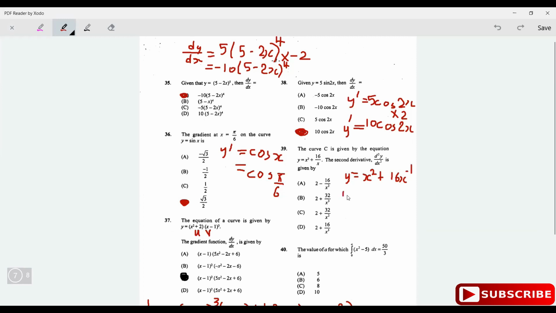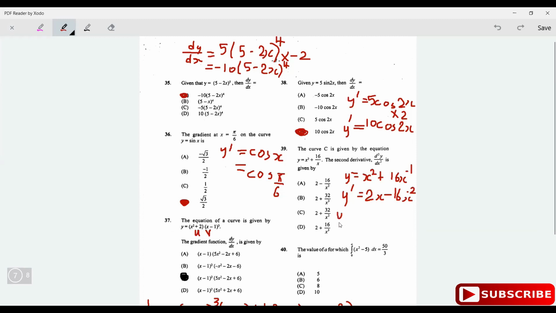And so we can find y prime, the first derivative. The first derivative is 2x, carry down the power, subtract 1 from the power, minus 16x to the minus 2.